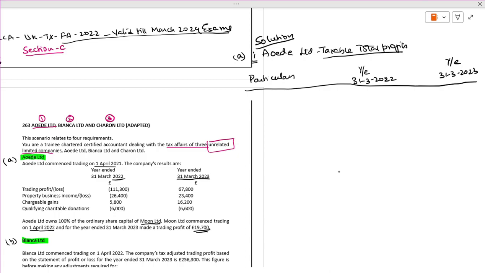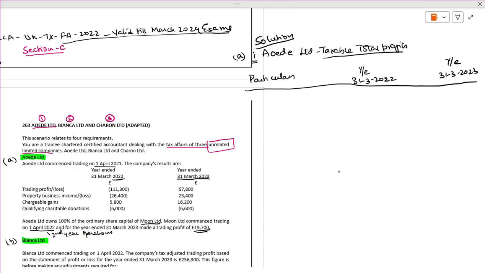This happens in the second year of operations, so that profit should be adjusted in the second year, not in the first year. Fine. So that's very, very specific, and we have to be very careful about that.